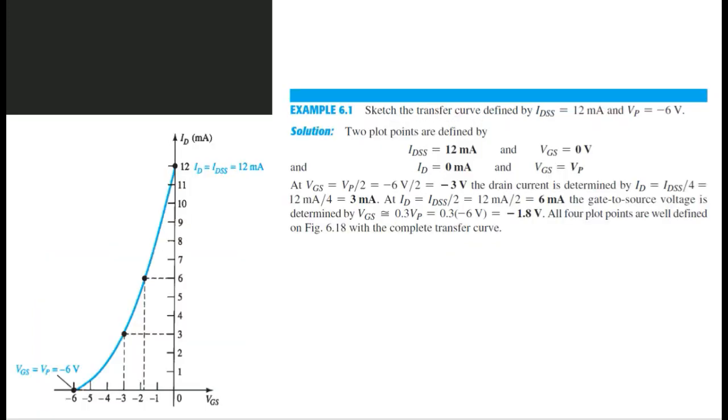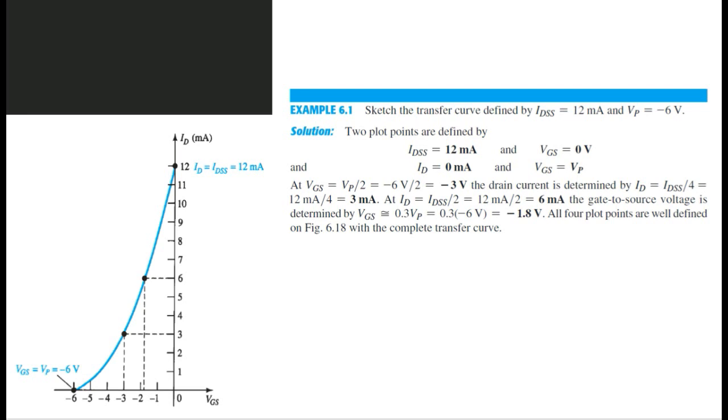So here we will move to the first example, the numerical example of this chapter. In this example, we have to sketch a curve defined by IDSS equal to 12 milliampere and VP equal to minus 6. So we know that VP is minus 6 and IDSS is equal to 12.